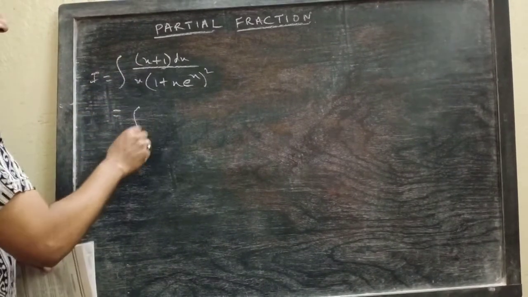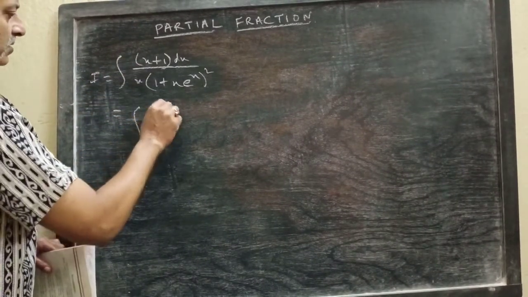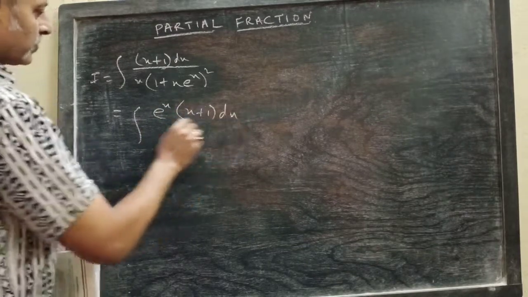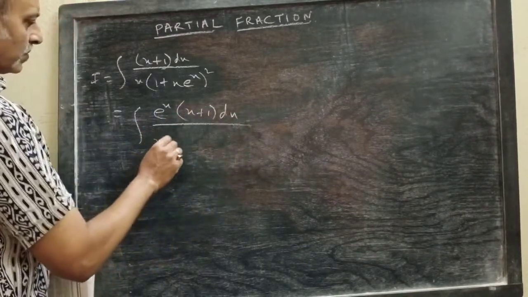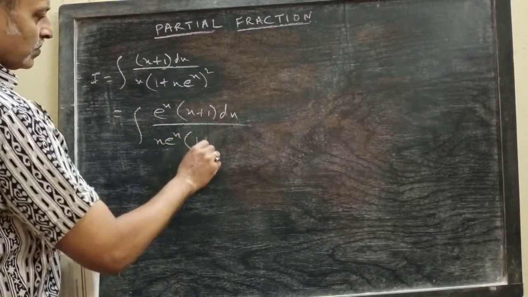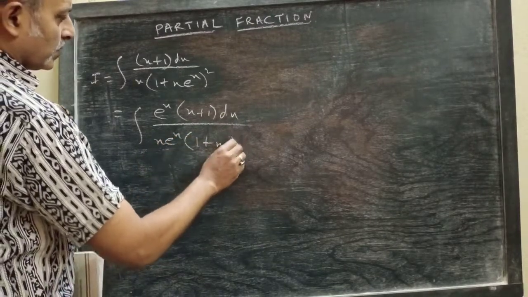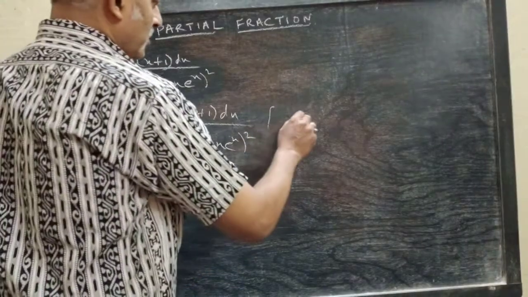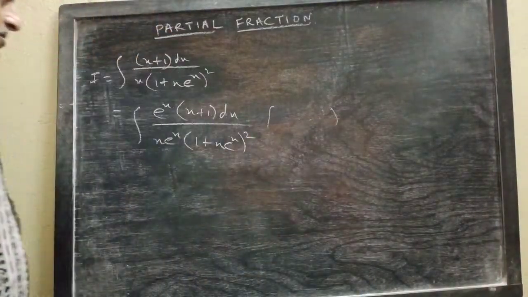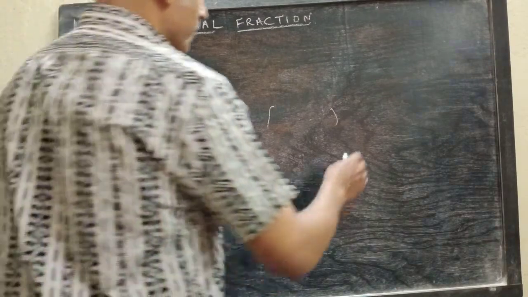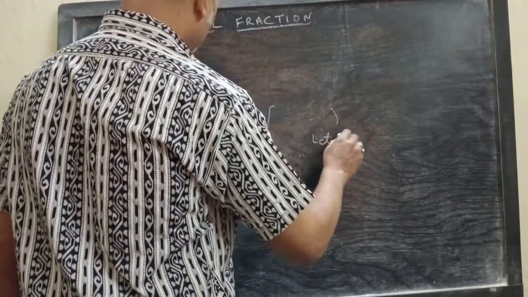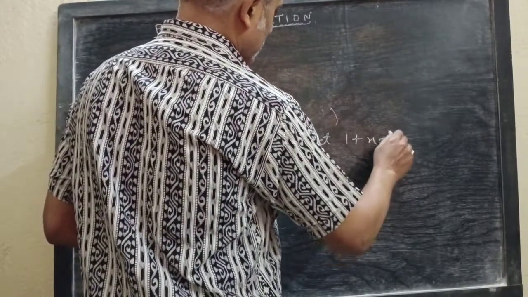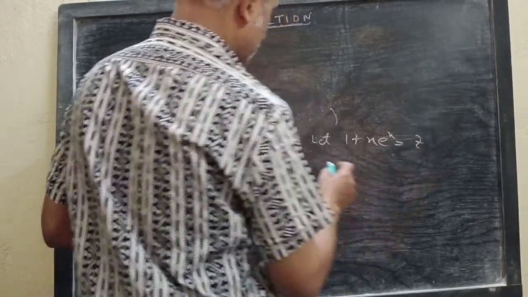Now I am multiplying both numerator and denominator by e to the power x. Now let 1 plus x e to the power x be z.